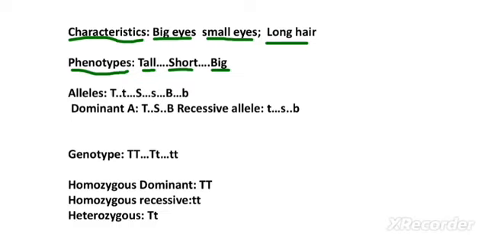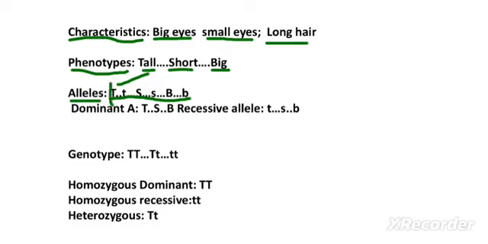Now let's talk about the alleles. Alleles are just letters, capital letters, small letters. Those are alleles representing the phenotypes. For example, tall can be represented by the capital letter T. So if they tell you in the statement, being tall is controlled by an allele T, what is the allele for being tall?